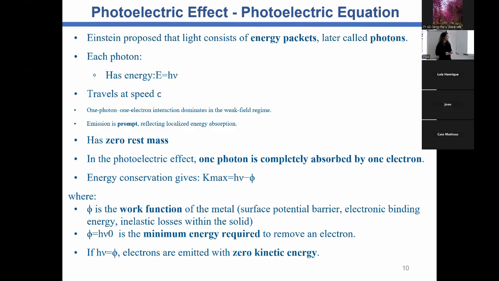So this φ means that there is some minimal energy that we must give to the material to release the electron.